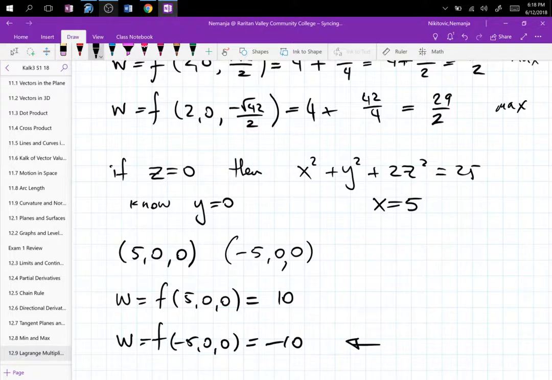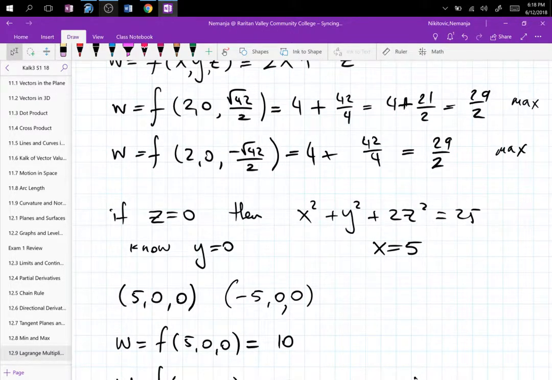So here's your min. It's a negative number. These two are max because they're more than 10, right? That's almost 15. It's 14 and a half. So they're both max, and that's the max value.